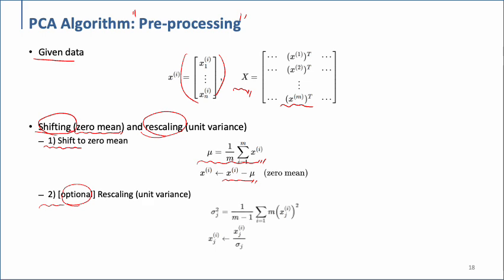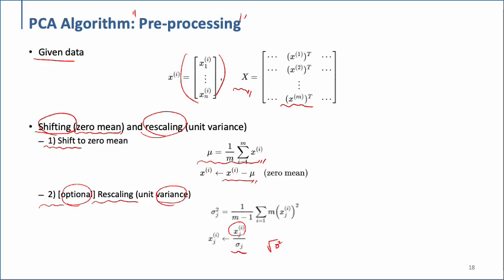So the second step is rescaling. This makes the data have a variance of 1. For that, we first need to calculate the variance, and divide by the square root of the variance.